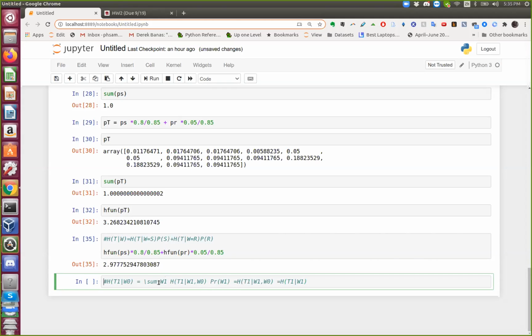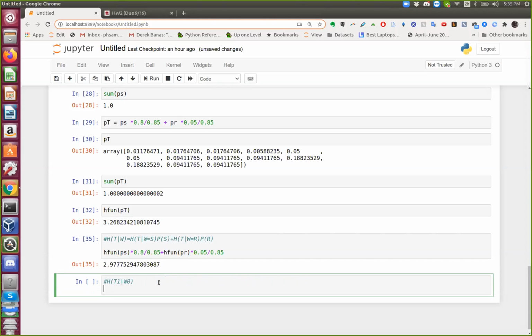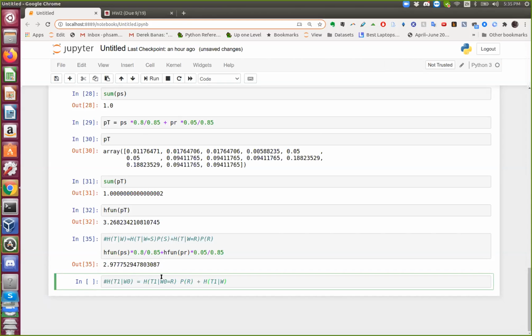So therefore, for this one here, we may need to go back to first principles, trying to figure out, let's say, what is HT1 given W0 given rainy. So I may do something like this: this one is equal to that times P rainy plus HT1 given W0 equal to sunny times P sunny, right?